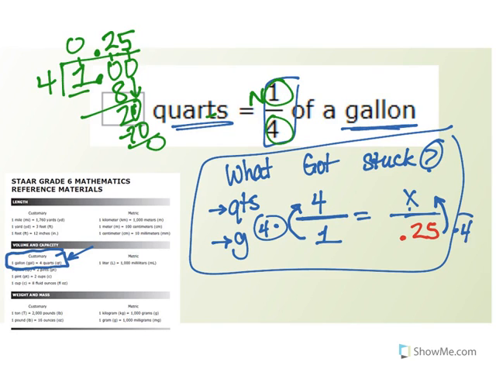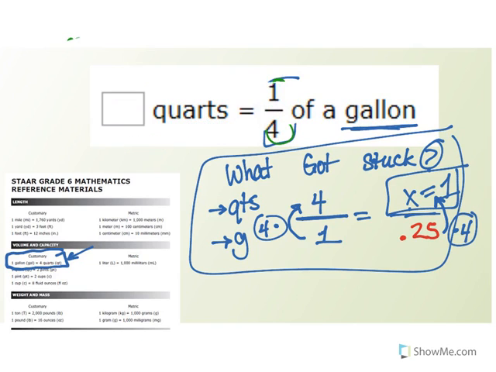What you do to one side, you must do to the other. And 25 times 4, think of 25 cents. If you have 4 of them, you're going to get 1 whole. So the answer to my question is 1 quart is equal to 1/4 of a gallon. Okay, I'm hoping this is making sense for you. Let's do a couple more.